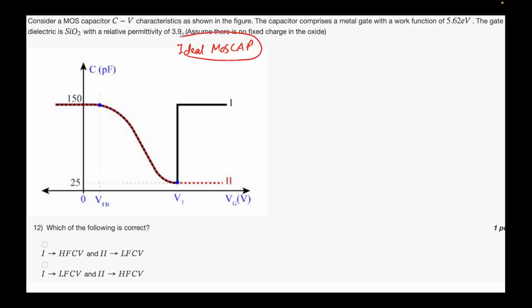Okay, and now we are required to find, we have seen this plot over and over again. So the first thing that I do is check whether it's NMOS or PMOS. So we will again do that exercise, although this question doesn't ask, but we must ask ourselves whether it's an NMOS or PMOS cap.